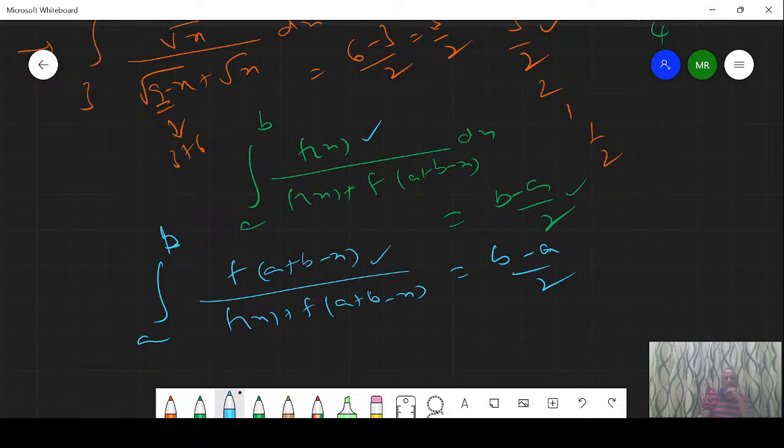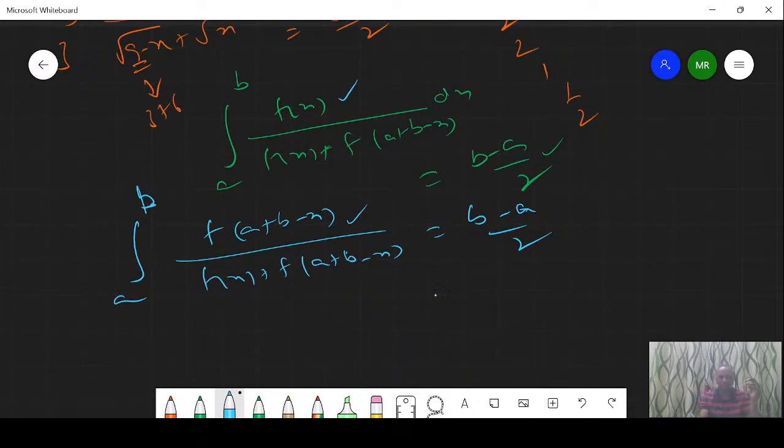For example, I will write the problem here: from 0 to 4, root of 4 minus x by root x plus root of 4 minus x. Tell me your answer now. When they are given like this, what's your answer here? You can think what the answer will be for that.